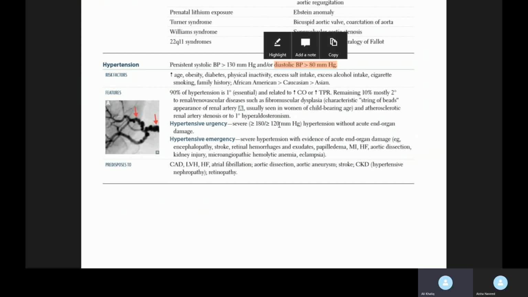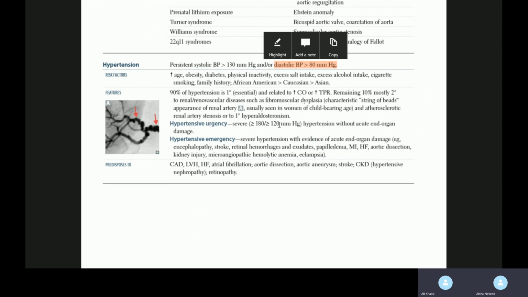What is hypertensive encephalopathy? In the brain, you have too much increased pressure building up. When severe hypertension leads to an altered level of consciousness in the patient, it is called hypertensive encephalopathy.